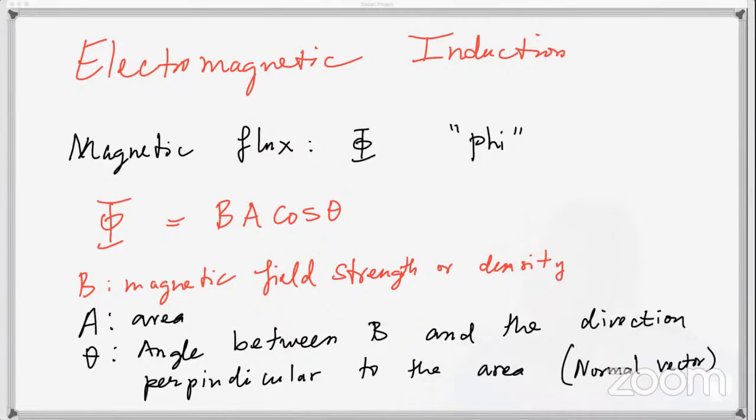And so the SI unit is Tesla times meter squared, or the Weber.